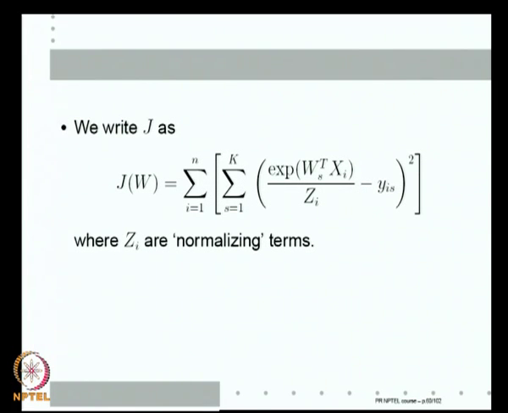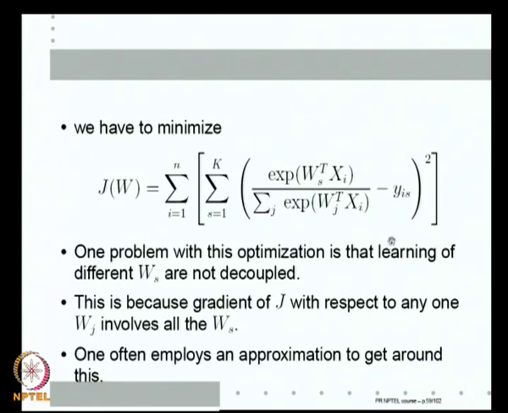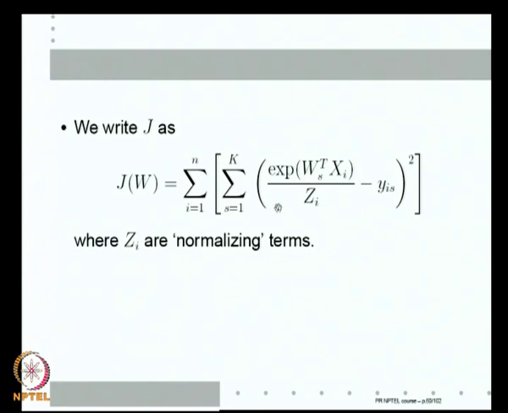So, how do I run the approximation? I rewrite J as this. This of course depends on all the other Ws. Instead of explicitly saying it depends on all the other Ws, I simply say some term that depends on the index i, because this corresponds to the ith data sample. I call it some Z_i. So, that is how I wrote it.